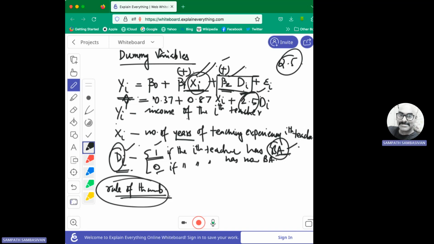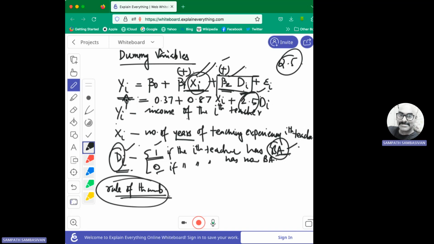Now let's try to put some figures into this equation and try to make sense of this. This is just hypothetical and quite arbitrary in nature. These values which I have assigned are just arbitrary.